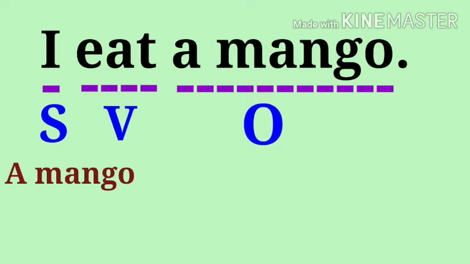Now see the sentence once again. I eat a mango. Can you identify the tense from the given sentence? See, I is the subject and eat is the base form of the verb. So, subject plus base form of the verb plus object. It means that the given sentence is in simple present tense.